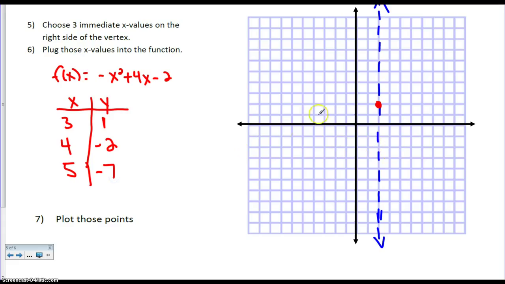So what am I going to do? I'm going to plot those points. So I'm going to plot 3, 1. I'm going to plot 4, negative 2. And then I'm going to plot 5, negative 7. Okay?